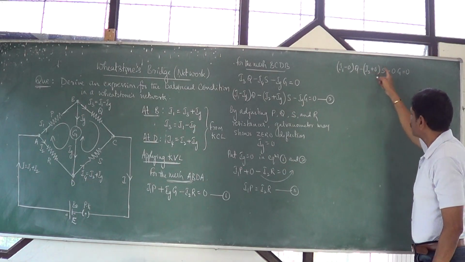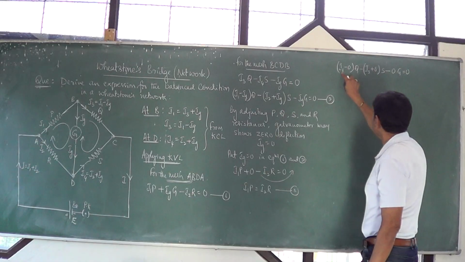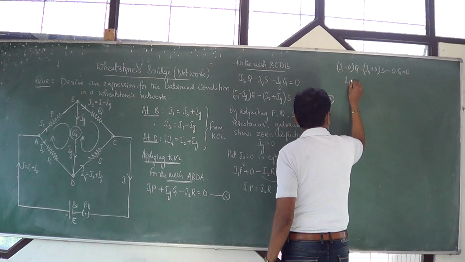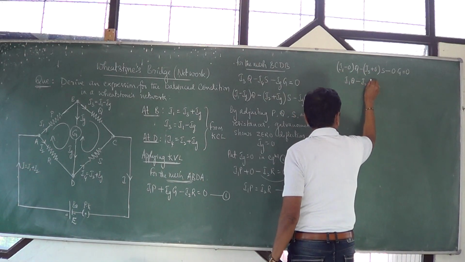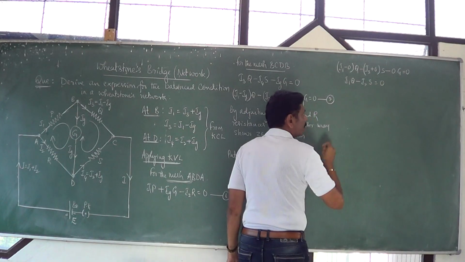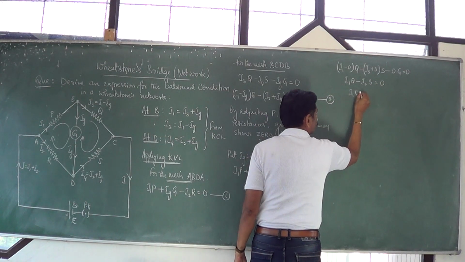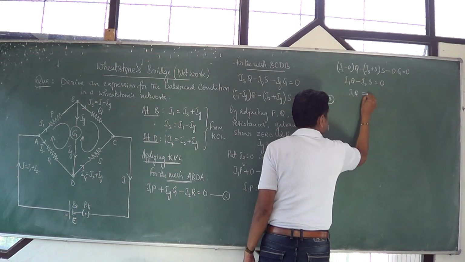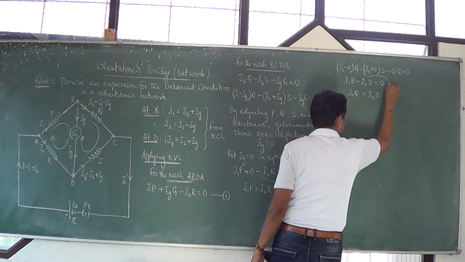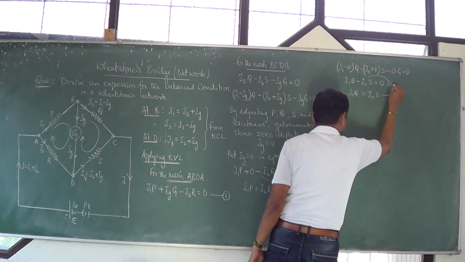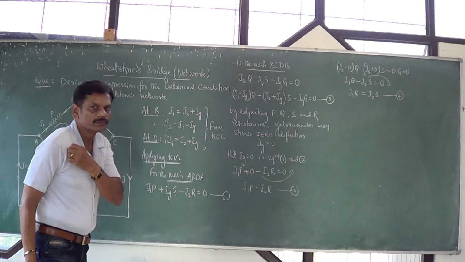So wherever Ig is there, you go and put 0. Therefore here it is I1 into Q minus I2 into S is equal to 0, and I1Q is equal to I2 into S. Shifting this one to the other side, I will take this one as equation number 4.